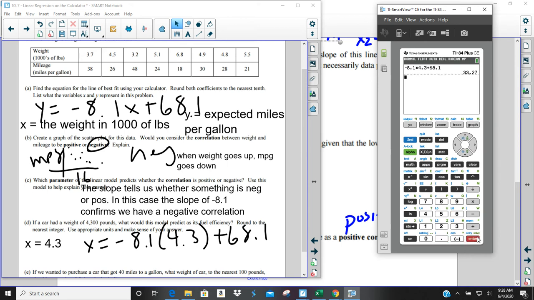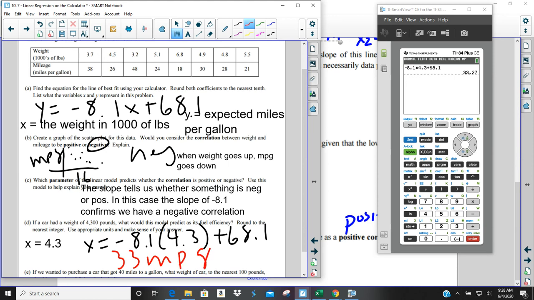Enter. So it's saying that if I have a car that weighs 4,300 pounds, my fuel efficiency, rounded to the nearest integer, is going to be 33 miles per gallon. It says use appropriate units and make sense of your answer.